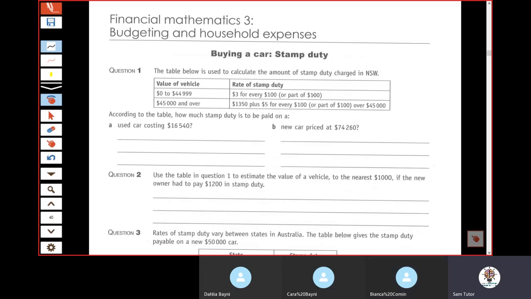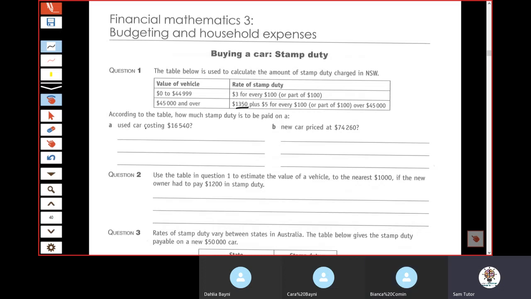A part of 100 just means you've got to round up to the next 100. If your car costs more than $45,000, you automatically pay $1,350 plus $5 for every $100 or part of $100 over $45,000.